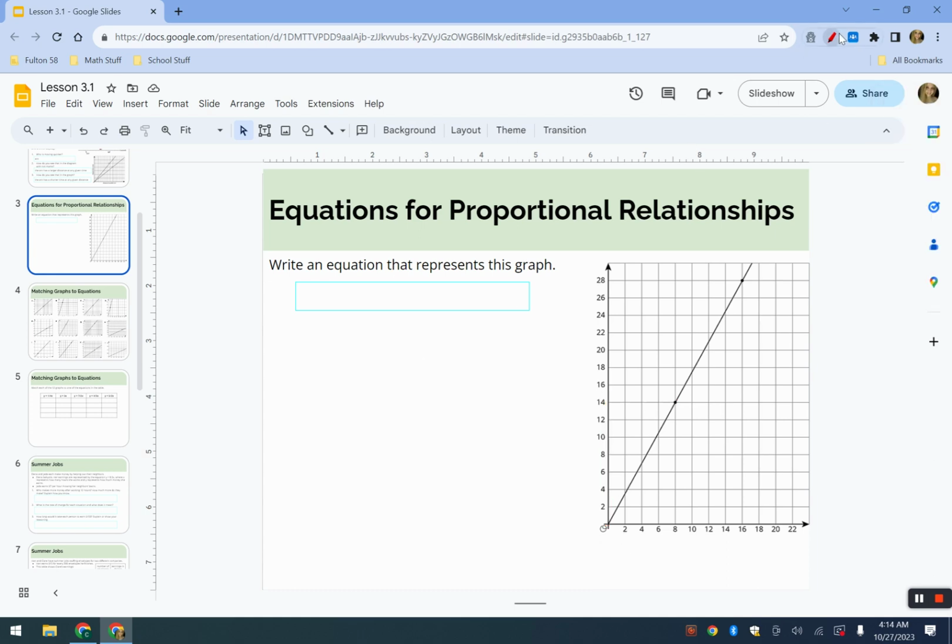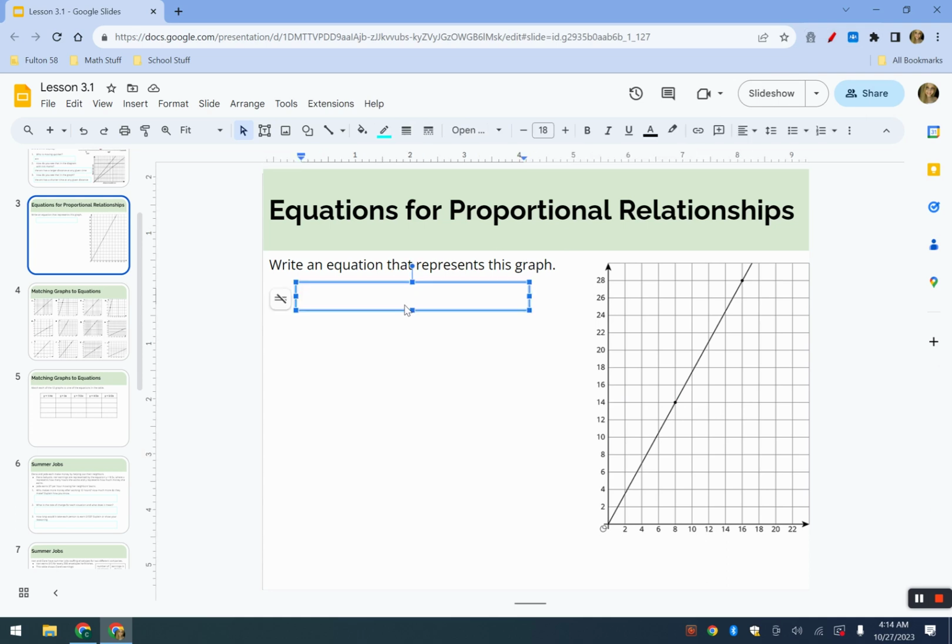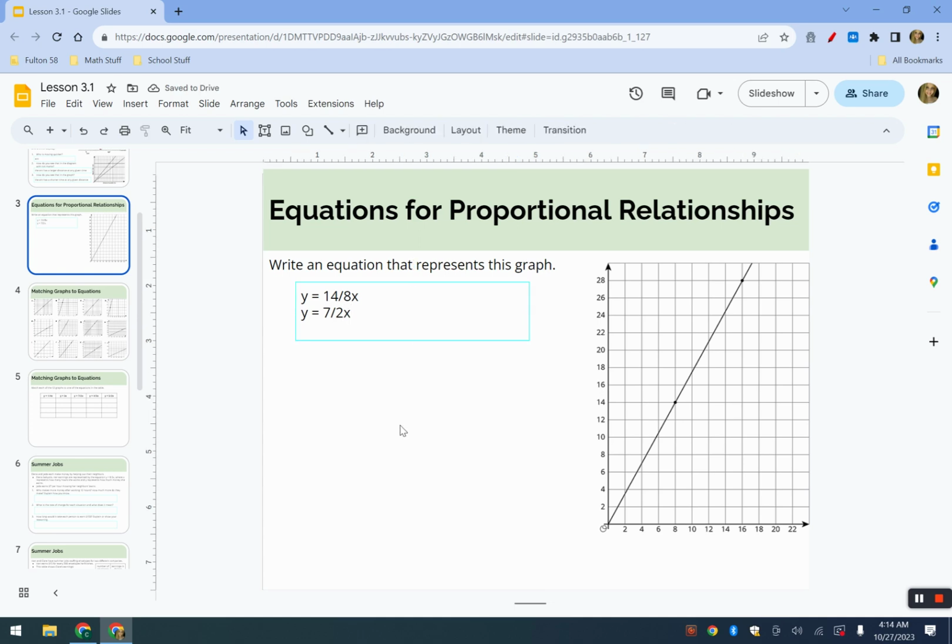First one, it's always going to be y equals 14 over 8 x, but 14 over 8 can also be reduced. We can divide both 14 and 8 by 2, and so that means y would be 7 over 2 x. Okay, so those both would be equations that fit this line.